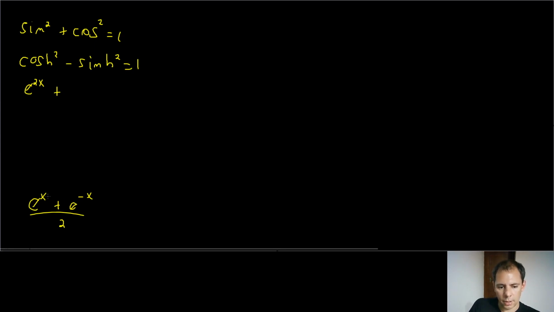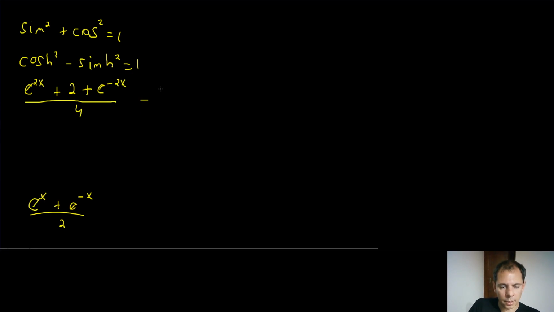Now here's the thing. When you have the same base, what's going to happen? You're going to add the exponents. So x minus x is 0, so this is just going to be 1. So you can say plus 2, plus e to the minus 2x, and divide this whole thing by 4.